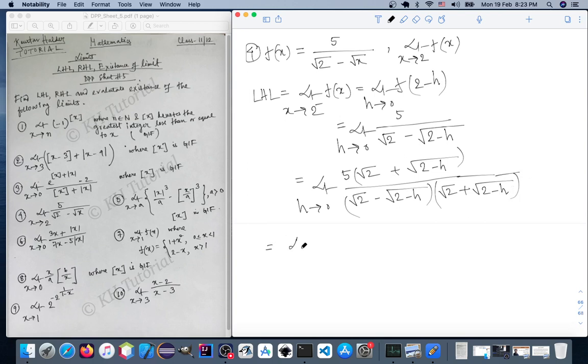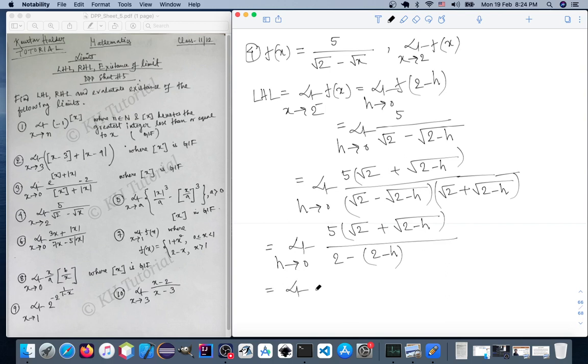This becomes the limit h tends to 0 of 5 times (root 2 plus root of 2 minus h), divided by the denominator, which, if we apply the formula a squared minus b squared equals (a minus b) into (a plus b), becomes 2 minus (2 minus h).